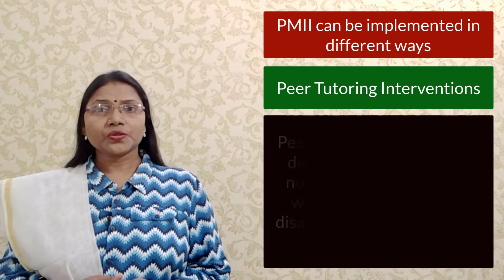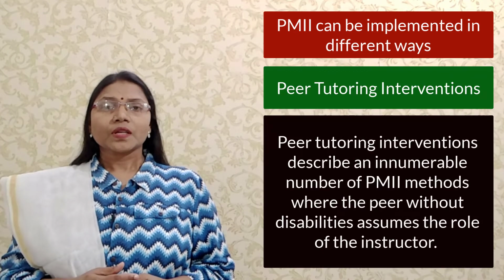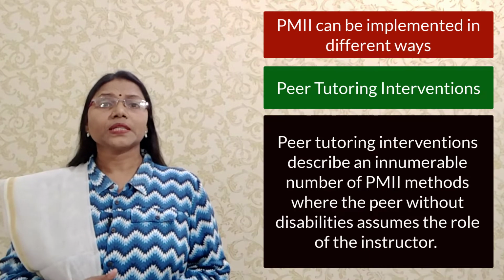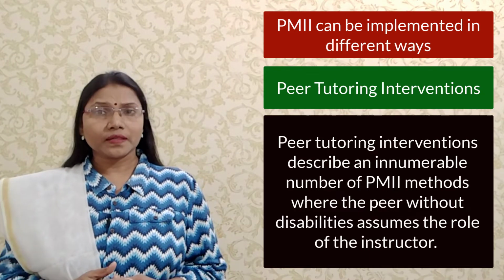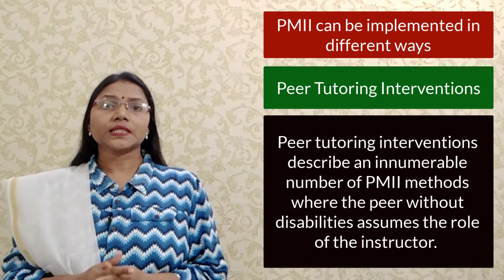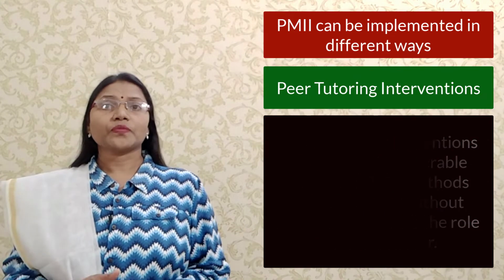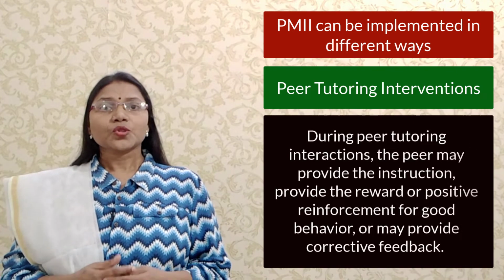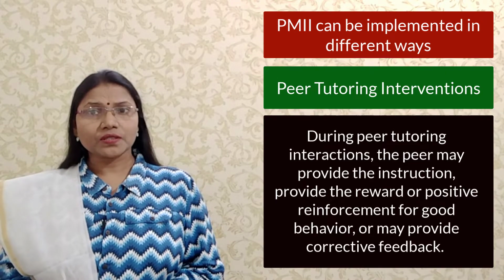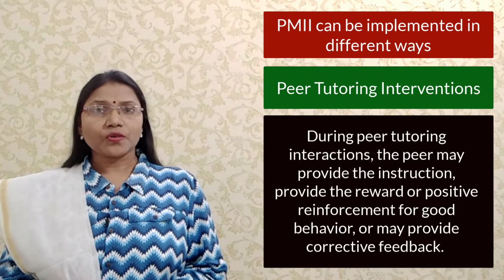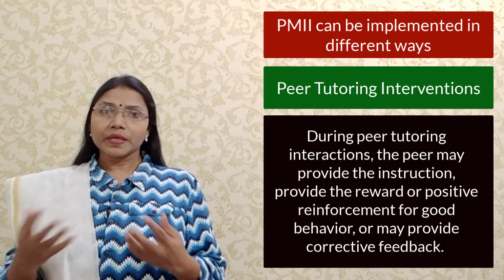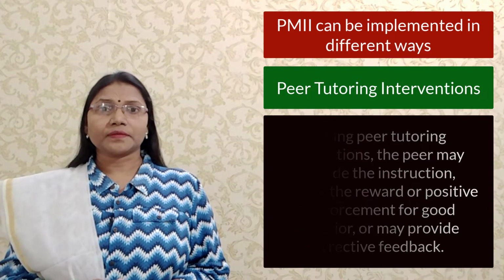Next one is peer tutoring interventions. Peer tutoring interventions describe an innumerable number of PMII methods, where the peer without disabilities assumes the role of the instructor. During peer tutor interactions, the peer may provide the instruction, provide the reward or positive reinforcement for good behavior, or may provide corrective feedback.